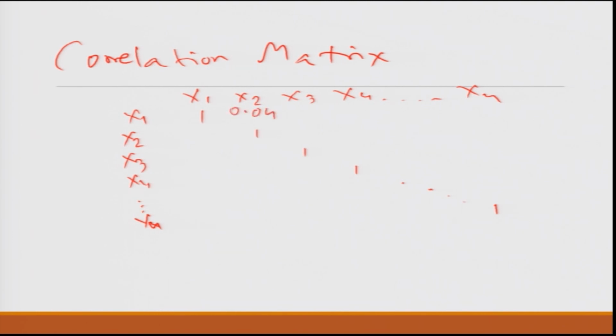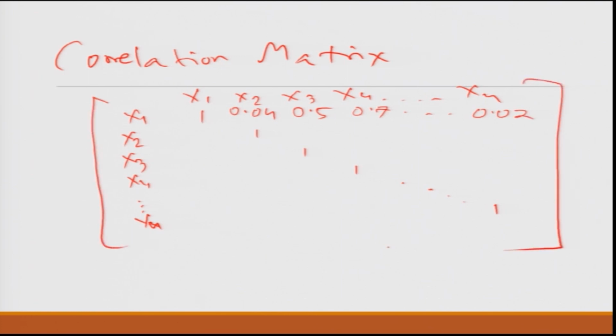So this may be 0.04, this may be 0.5, this may be 0.7, 0.002. You create this matrix, and then for those variables where you find high correlation, for example this seems to be high correlation, this also seems to be reasonably high correlation, you try to eliminate these variables.